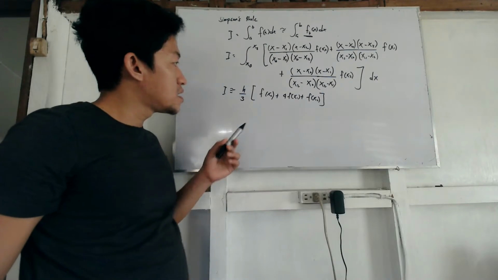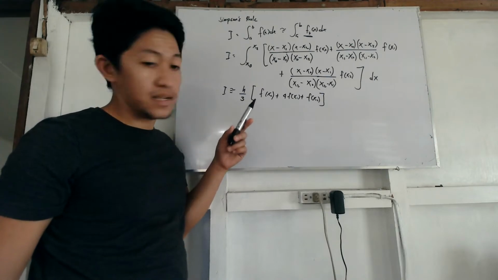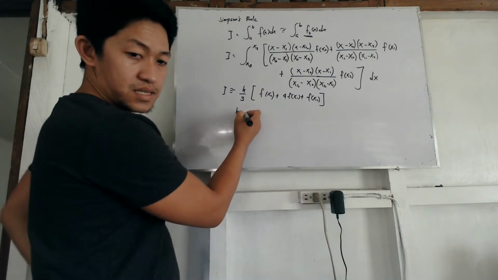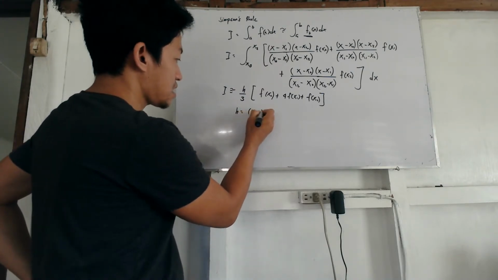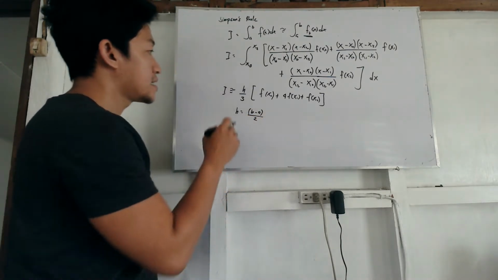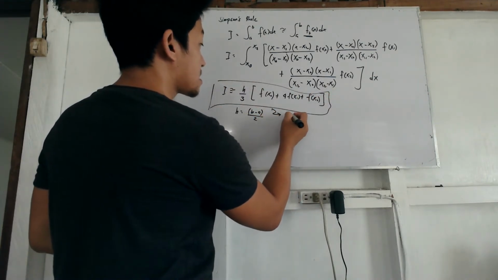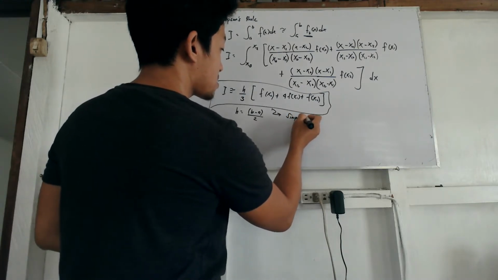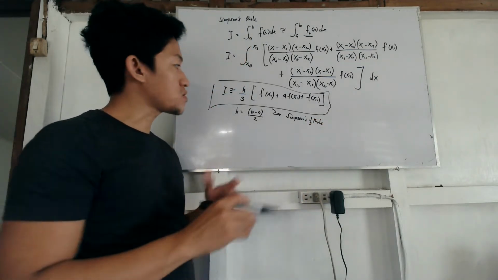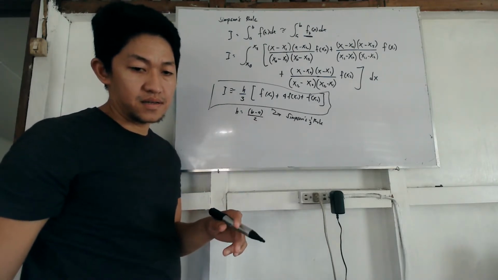So this will now be your integral, where again h is b minus a over 2, and this equation is what we call the Simpson's 1/3 rule. Okay, Simpson's 1/3 rule, because this is multiplied by a third.